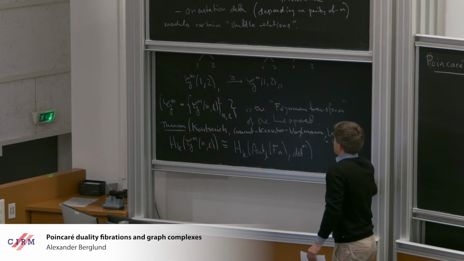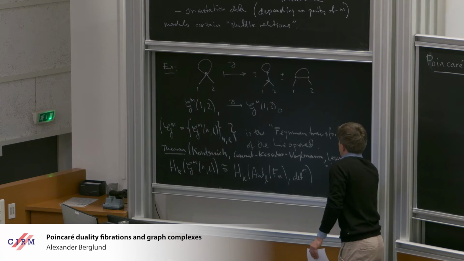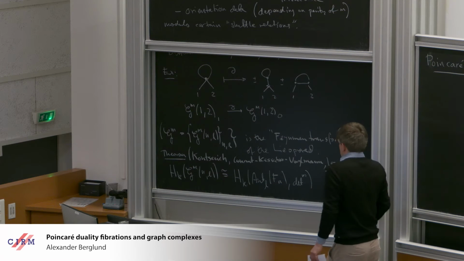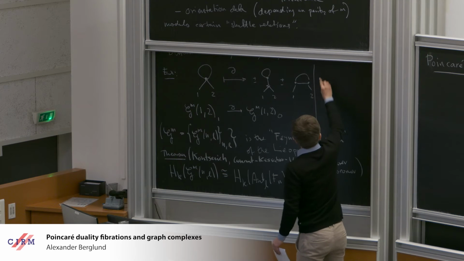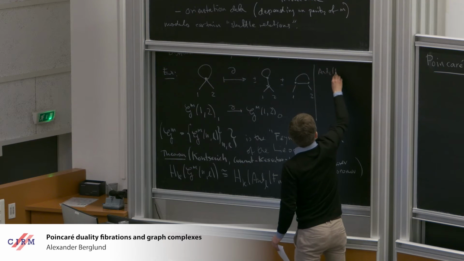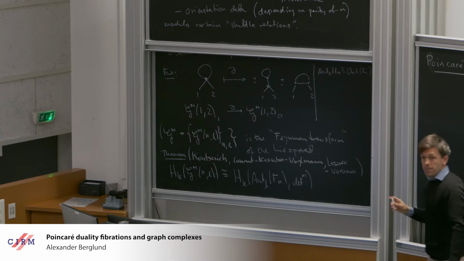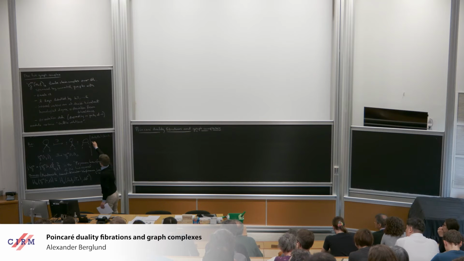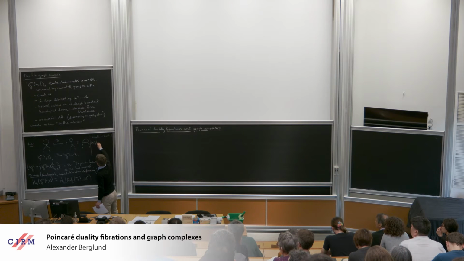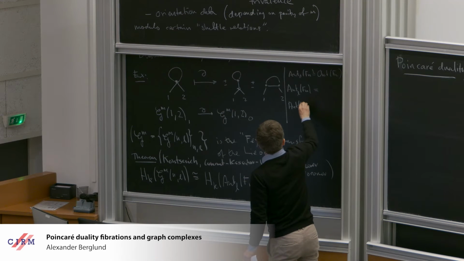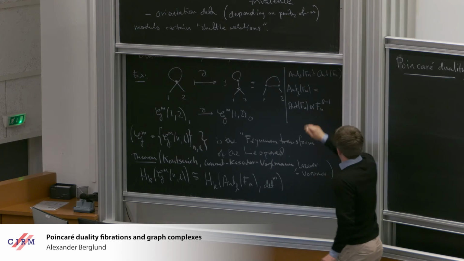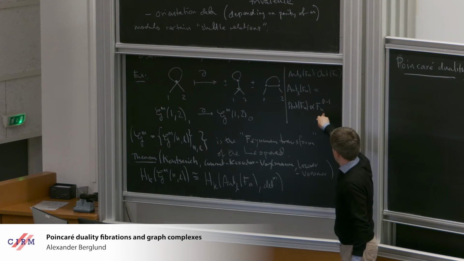Okay, and so if L is 0, then this automorphism group is the outer automorphism group of a free group. And for L greater than 0, this is the semi-direct product of the automorphism group of the free group acting on F_n to the power L minus 1, where Out(F_n) acts diagonally here.